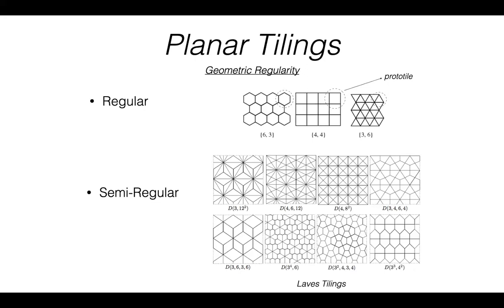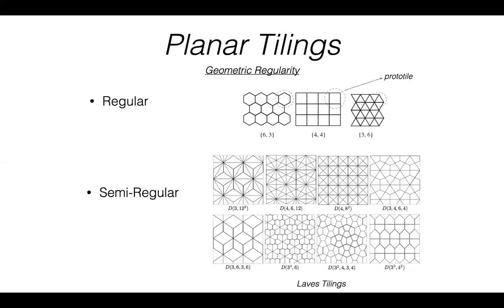And so in a tiling, we have a prototile that, if we glue prototiles together, we create a planar tiling. And in the case of the plane, they span the whole Euclidean plane. And this is something that is used in crystallography and also to design good meshes. But the regular planar tilings are very restricted because there are just a few planar tilings with that property.